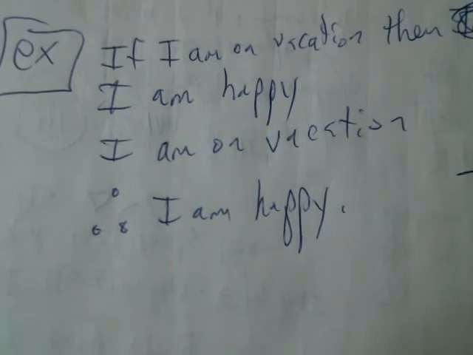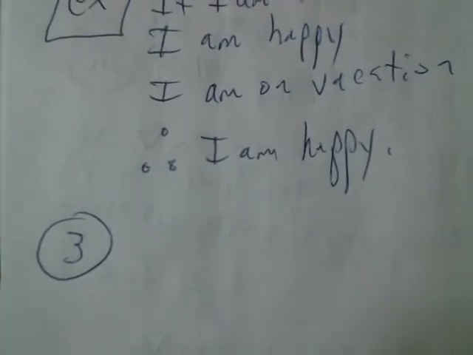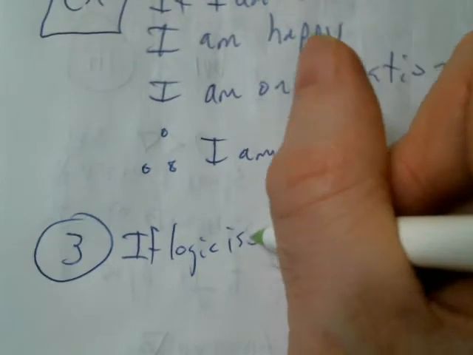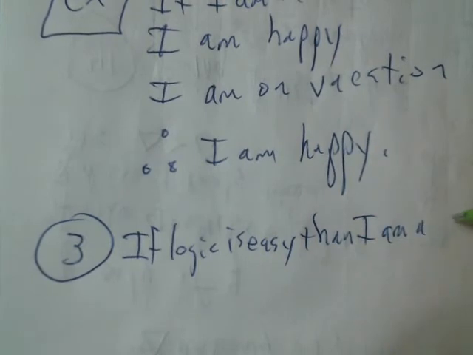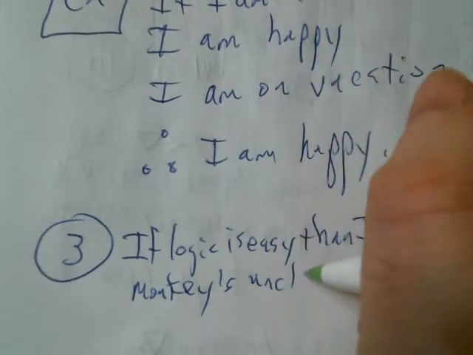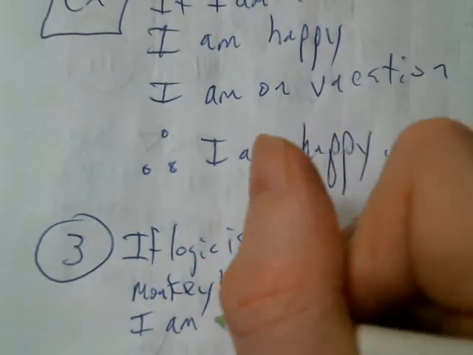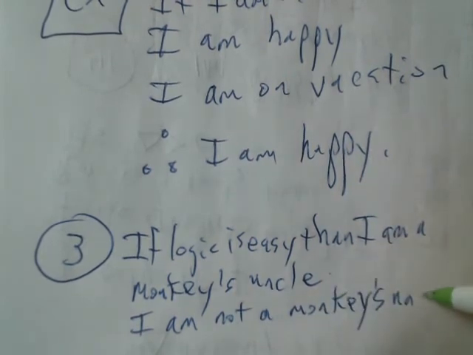Another example, maybe this is one from the book, number 3. If logic is easy, then I am a monkey's uncle. I am not a monkey's uncle. Therefore, blank.